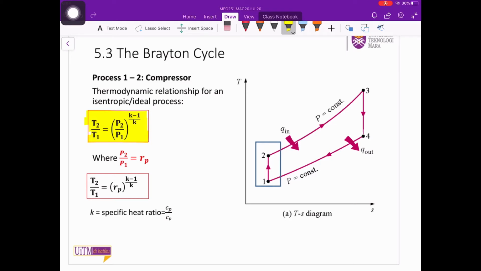This relation can be used to find the specific temperature or pressure. Note that Rp is the pressure ratio P2 over P1 and k is equal to gamma, which is the specific heat ratio Cp over Cv.